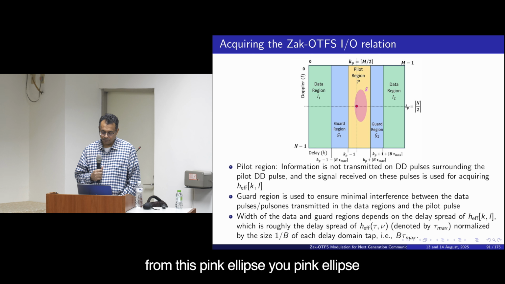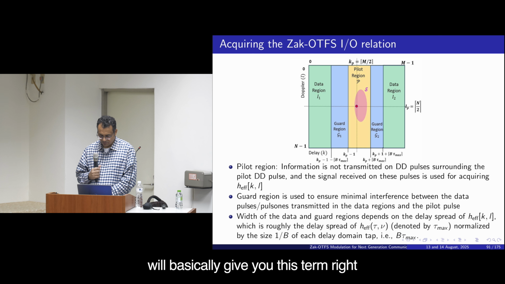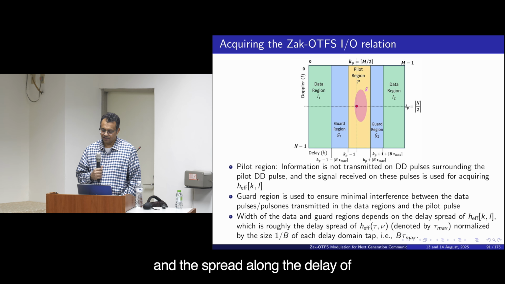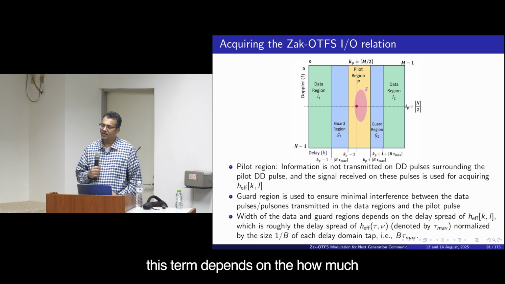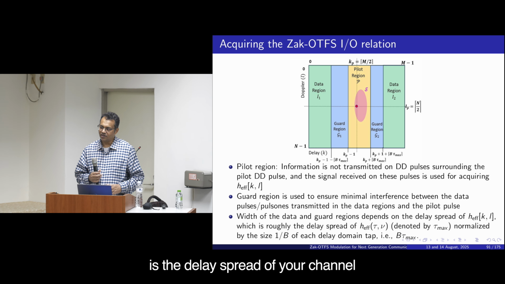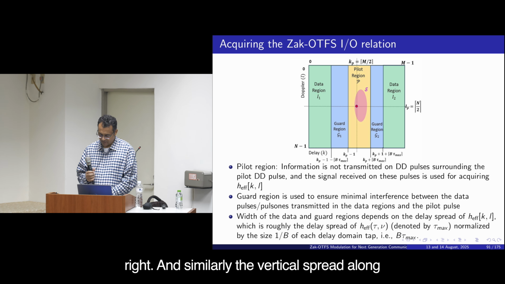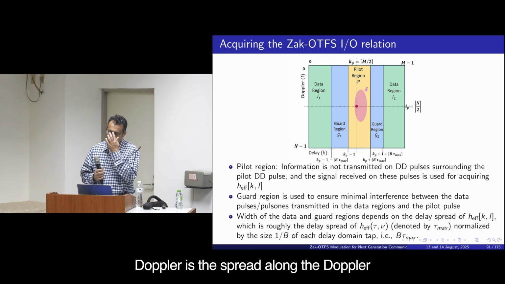And so this pink ellipse will basically give you this term, right? And the spread along the delay of this term depends on how much the delay spread of your channel is, right? And similarly, the vertical spread along Doppler is the spread along the Doppler, right?